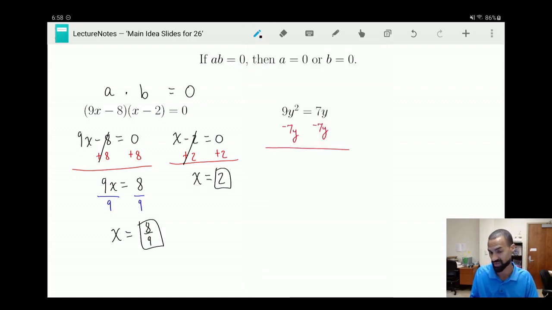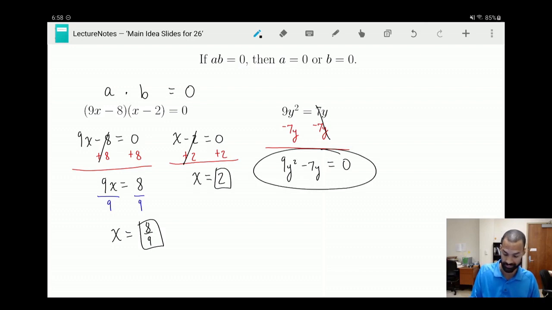I'm going to get rid of anything that's on that right side, any terms, by subtracting. Okay, 7y minus 7y is 0. But I have 9y squared minus 7y equals 0. Notice I did not put these two together. They're not like terms, right? Remember, y squared, y, not like terms. So keep them separated.